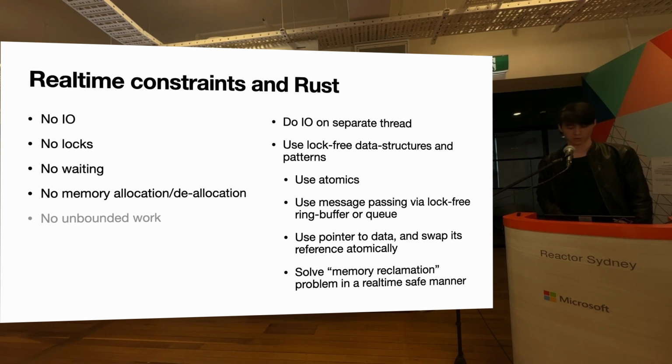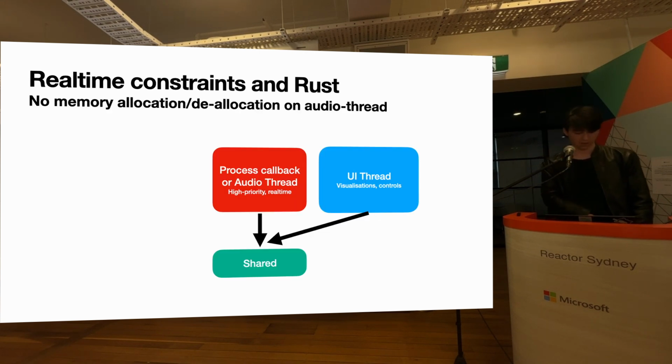And either way, you have to solve a memory reclamation problem, which is where you free the data, where you drop it. So you have some shared data between the UI thread and the process callback, and you're going to share it through some kind of smart pointer, something that looks like Arc.